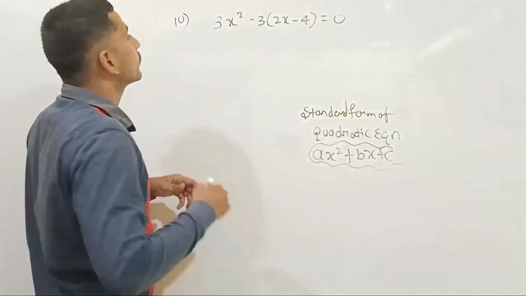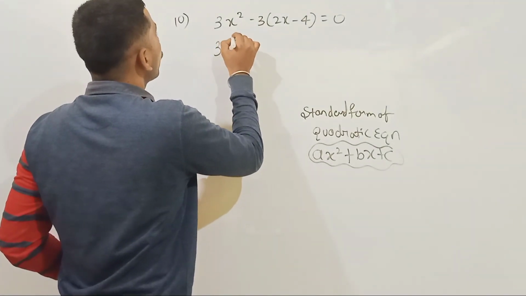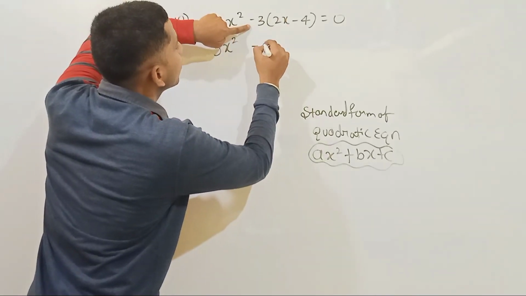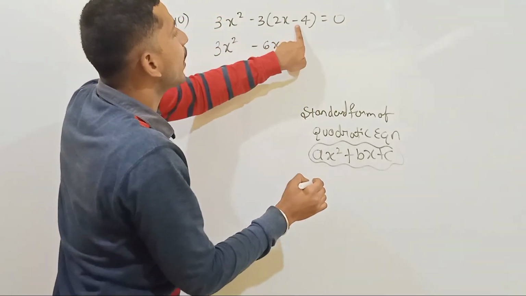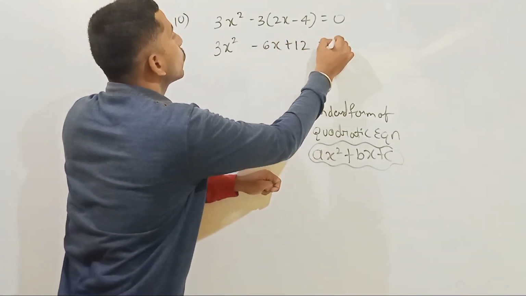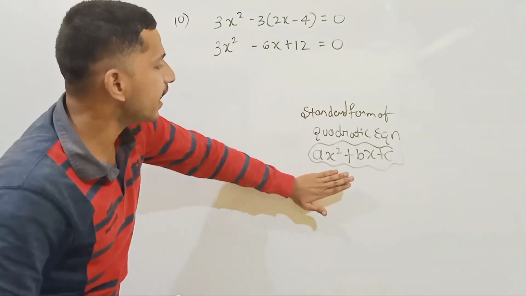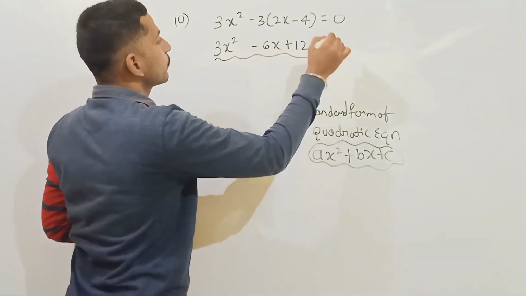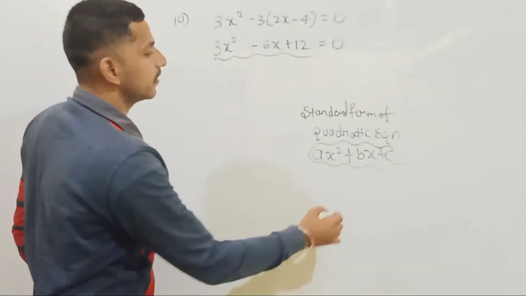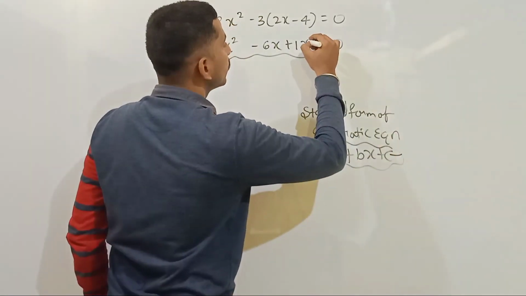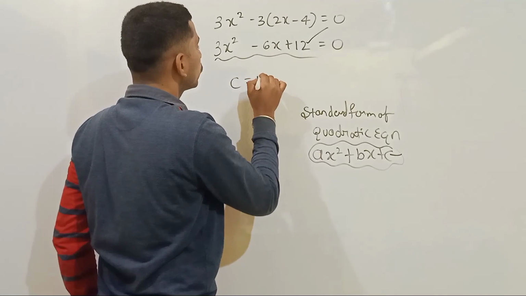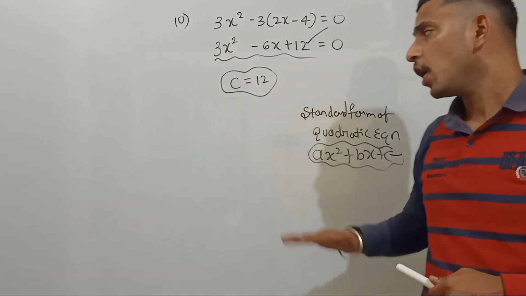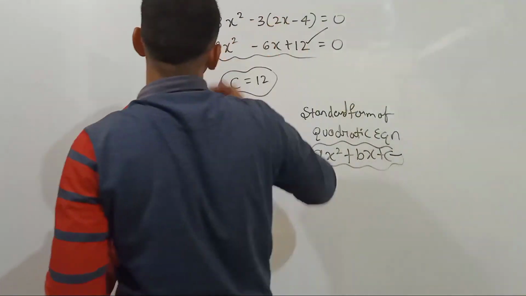Now I will solve it. 3x square, watch carefully, minus 3 into 2x, minus 6x, minus 3 into minus 4, plus 12 is equal to 0. Now compare the standard form of the quadratic equation with this equation. What is the constant term here? Here it is c and here it is 12, that is c is equal to 12. This is the constant term of the quadratic equation after reducing the equation.